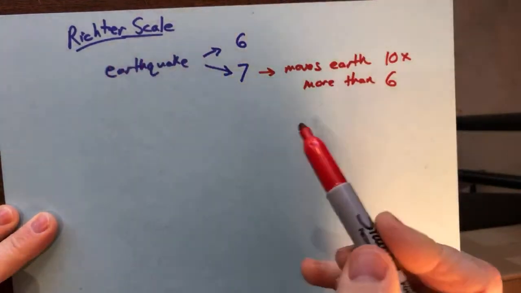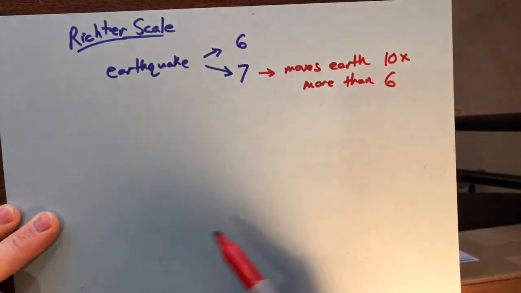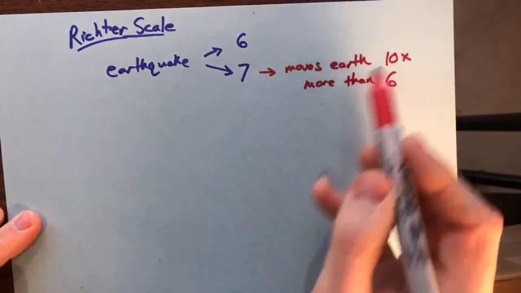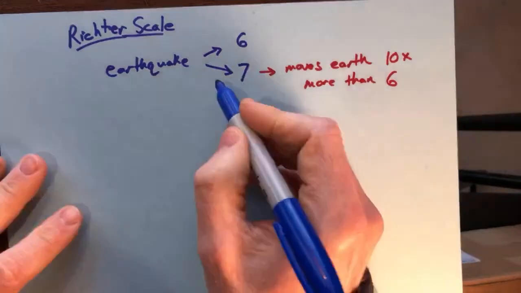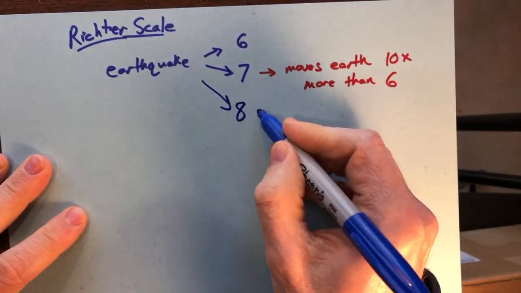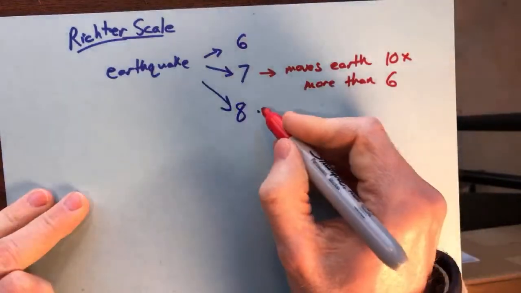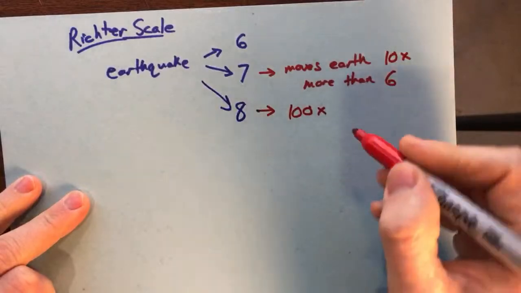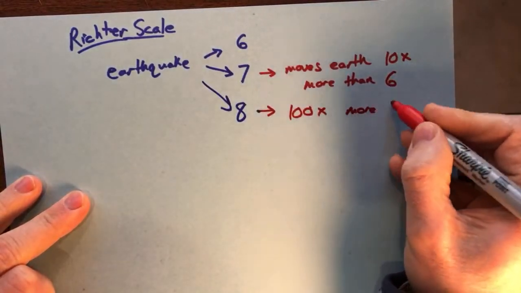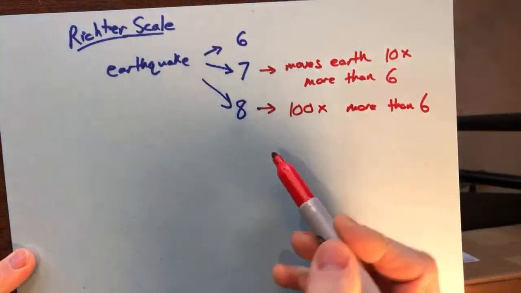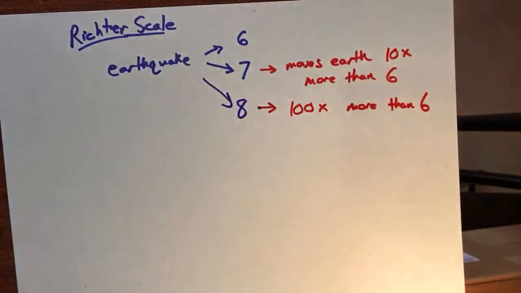The definition of the Richter scale basically has to do with how much it moves the Earth, how large that wave is. And so it's going to be 10 times, all right? And then if you go all the way to, let's say, an 8 on the scale, that is now going to move the Earth 100 times more than the 6 on the Richter scale. It's 10 times more than 7 or 100 times more than 6, okay?